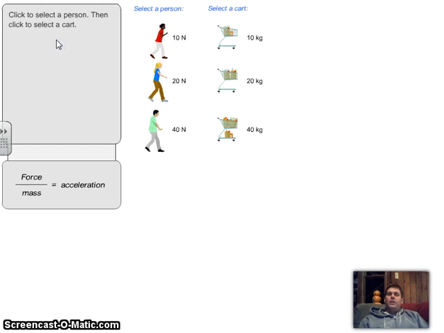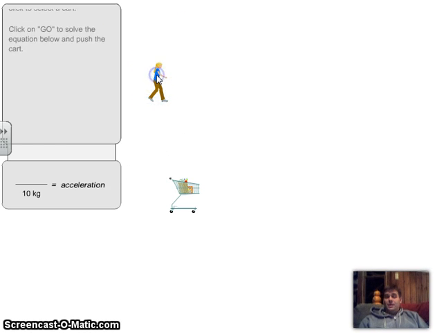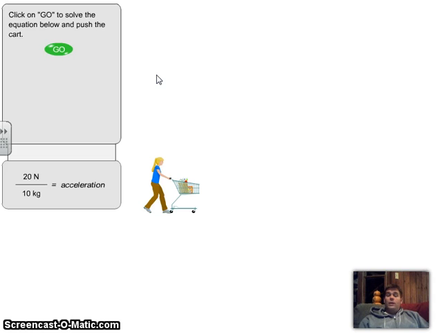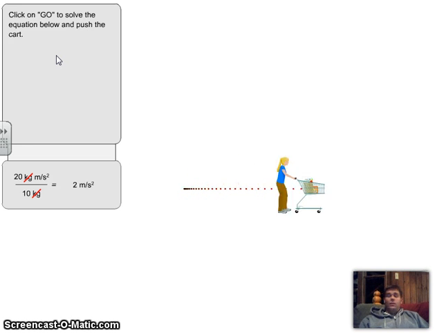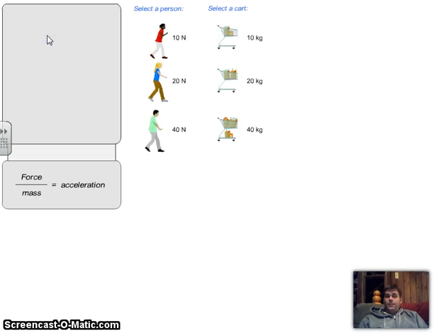But what if I double my force? I push twice as hard on the same object, 20 newtons instead of 10. The result is 20 newtons over 10 kilograms, so my acceleration is twice as much: 2 meters per second per second.